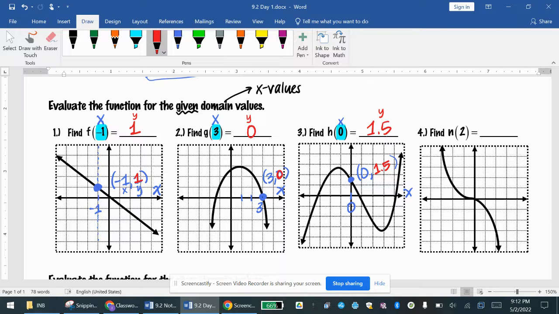Okay, why don't you go ahead and try the next one. Find the value of n of 2.